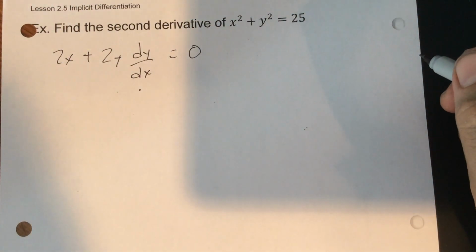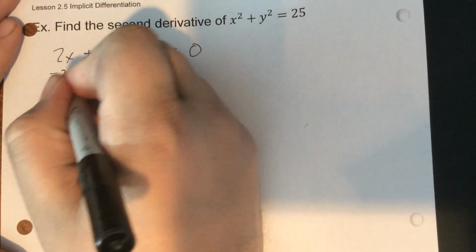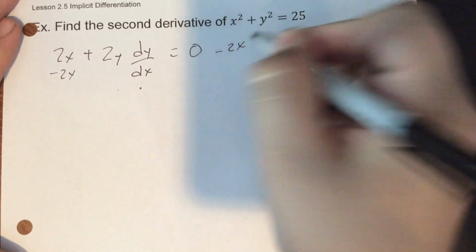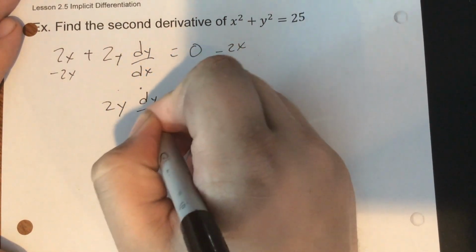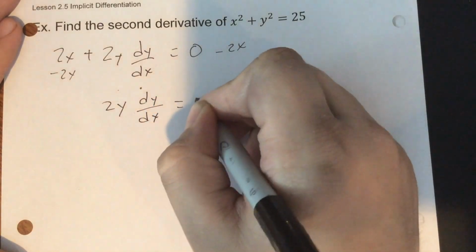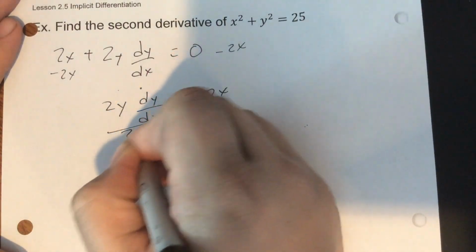Now we can solve for dy dx. We'll subtract the 2x to the other side, so 2y dy over dx would equal negative 2x. Divide by 2y.